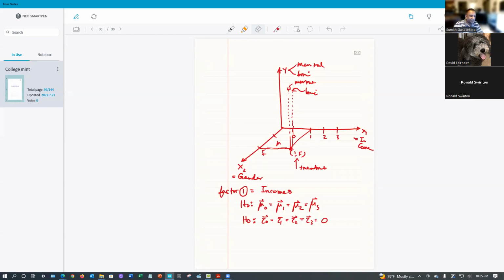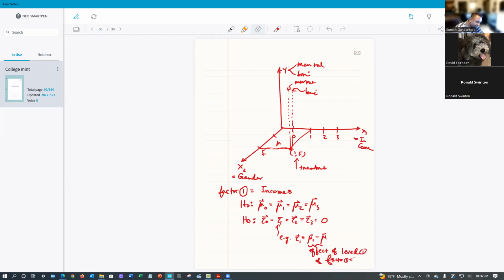For example, tau 1 hat is nothing but mu 1 hat minus the overall mean vector. That difference is called the effect of level 1 of factor 1.